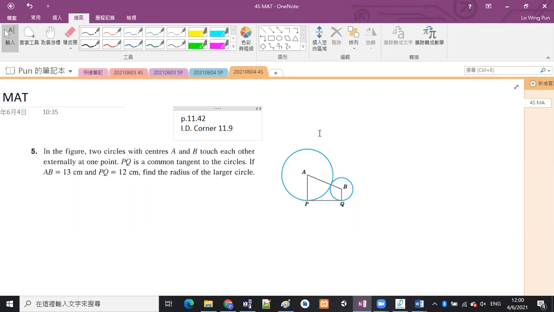Okay. So if you remember what I told you before, if the two circles touch each other externally, then AB will be equal to the sum of the radii, big R plus small r.